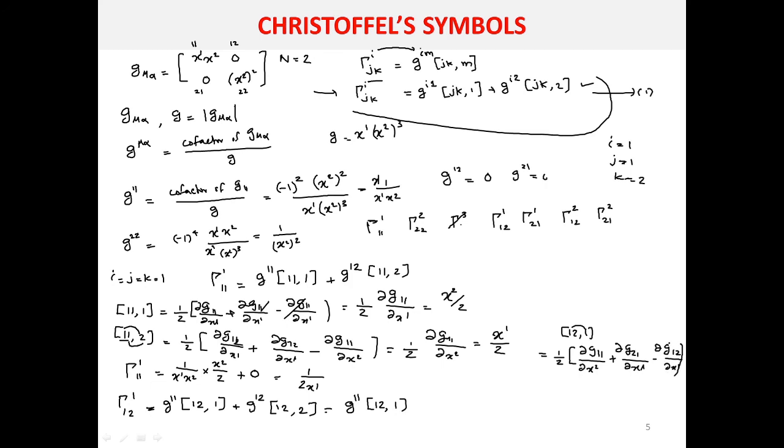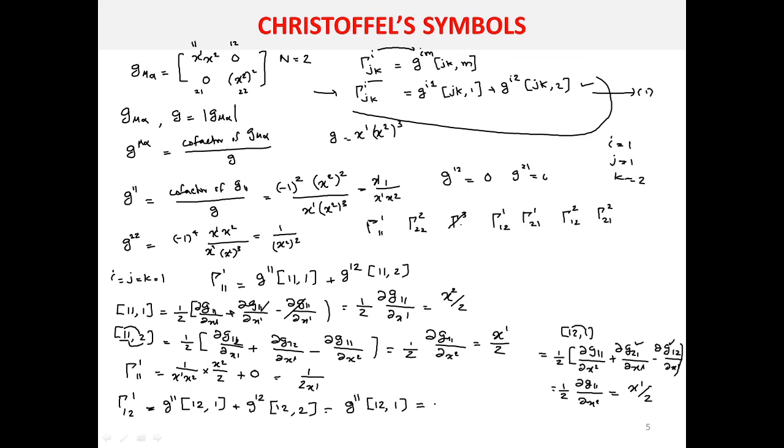But the values of g12 and g21 are 0, so it becomes 1 by 2 dou g11 by dou x2. The value of g11 is x1 x2, so when you differentiate it with respect to x2, you will get x1, so its value will be x1 by 2.